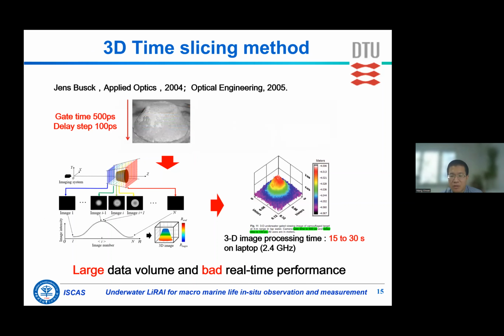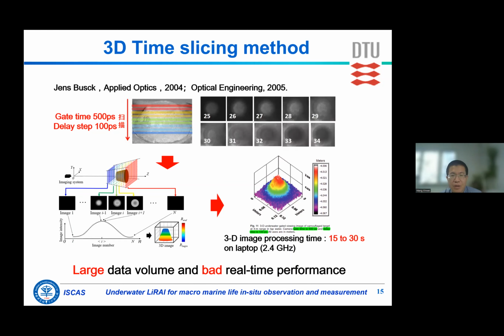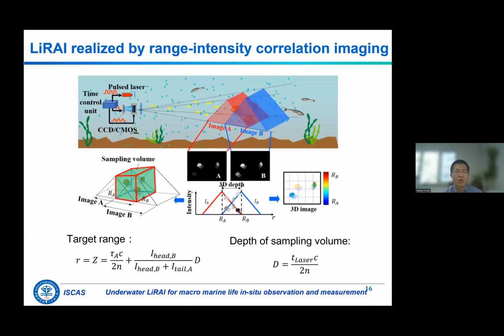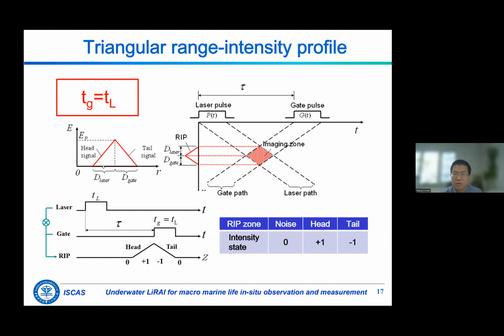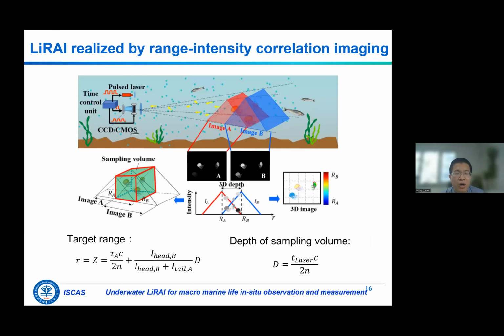It is not suitable for moving targets, for example, fishes. So we developed a range intensity correlation imaging method for realizing LiRAI.